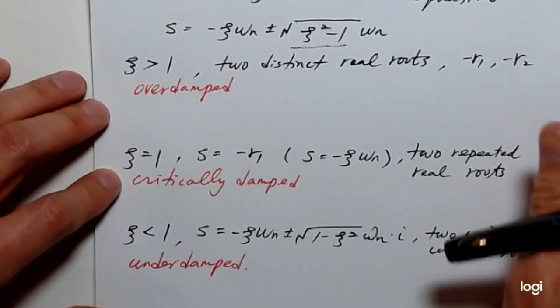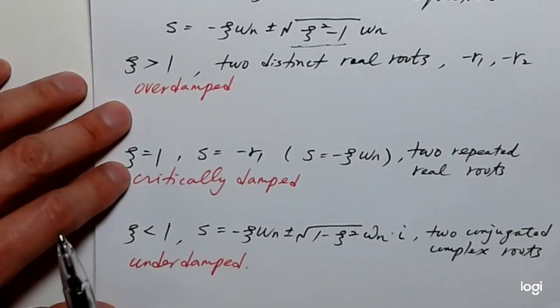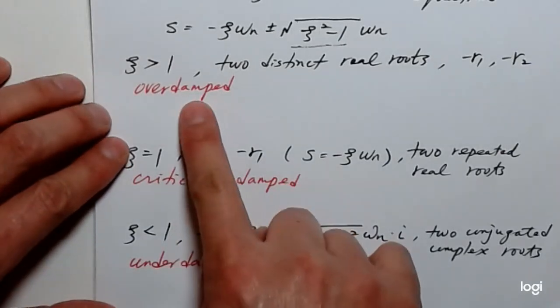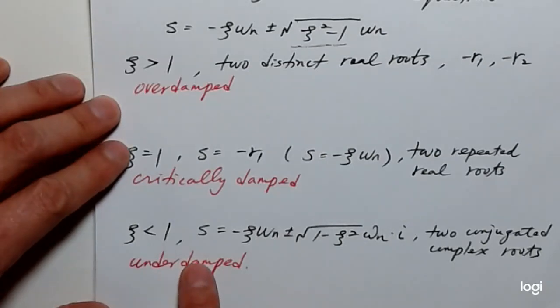From here we can determine what the damping ratio is for. It determines if you have oscillation or not.